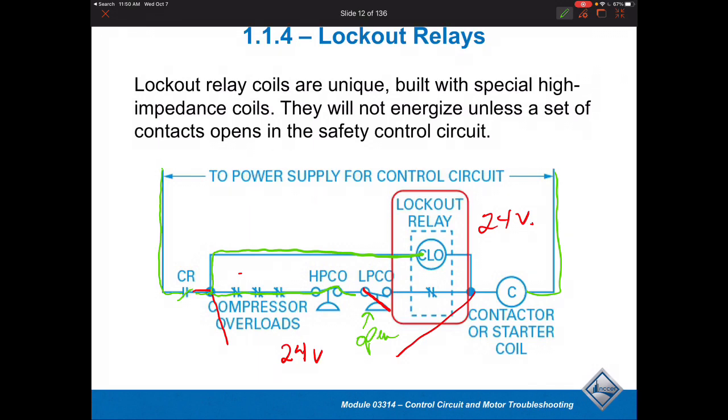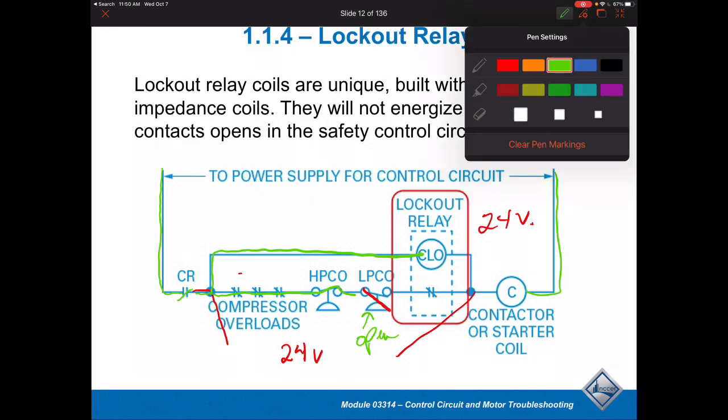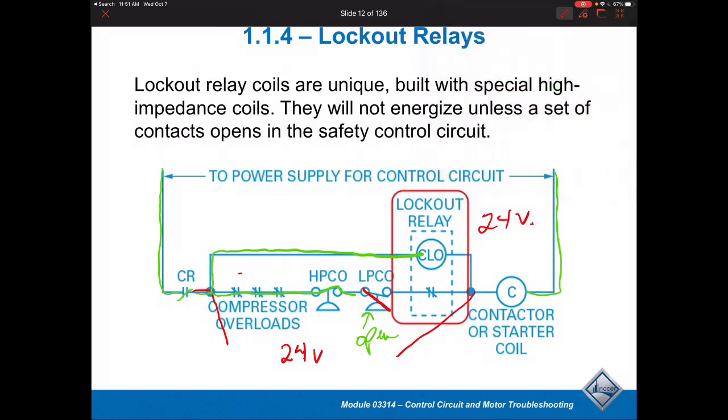And of course, one of the rules of Ohm's law says electricity will take the path of least resistance. So electrically speaking, this lockout relay coil plus the resistance of this coil are, let's call it, one and the same.